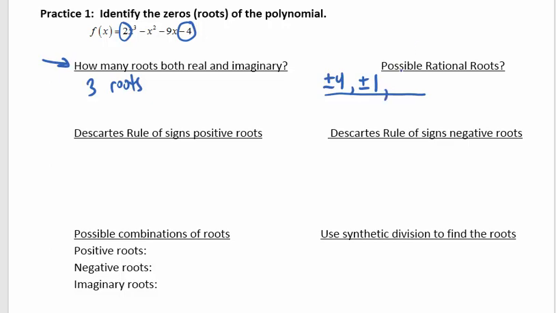And then we could also do plus or minus 2. Well, 2 gets multiplied by 2 to make 4, so that's all the possibilities we have there. Now in the denominator, to make 2 combinations there, I could take plus or minus 2 times plus or minus 1. Now we need to list all these out as fractions.